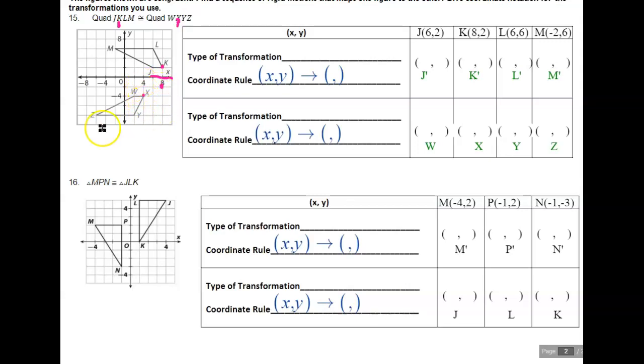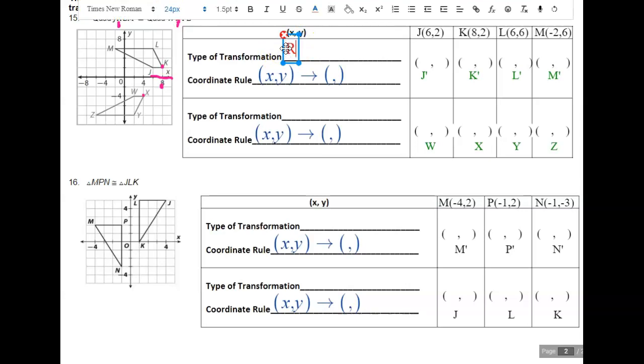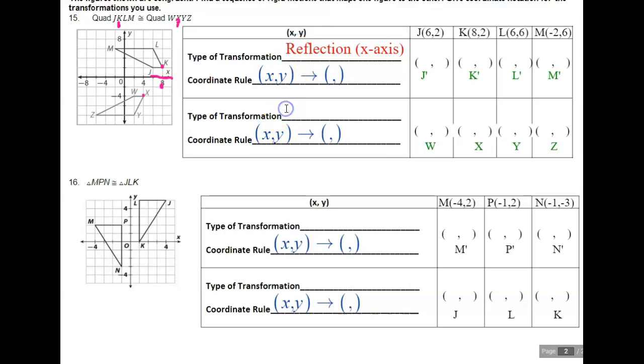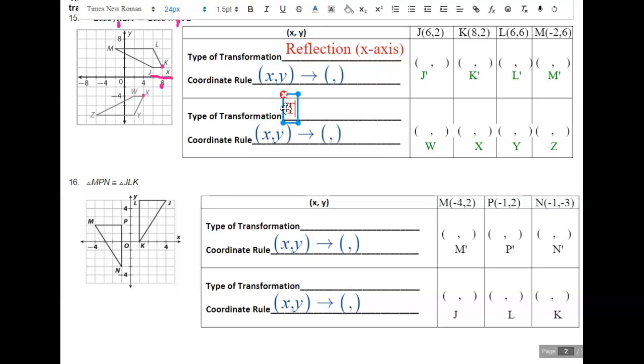Okay, so let's get that information in there first. Text box, let's see here. We're going to do first a reflection, and x-axis. There we go, spell it right. Then I'm going to do a translation and slide it over.